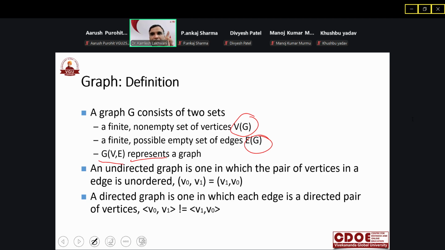So there are two sets. First one is the set of edges. Second one is the set of vertices. And with the help of these two sets, we can represent a graph mathematically in the form of G(V, E). Now what do you mean by undirected graph? An undirected graph is one in which the pair of vertices in an edge is unordered. Unordered means there is no order, meaning an edge between V0 to V1 is similar to an edge between V1 to V0.